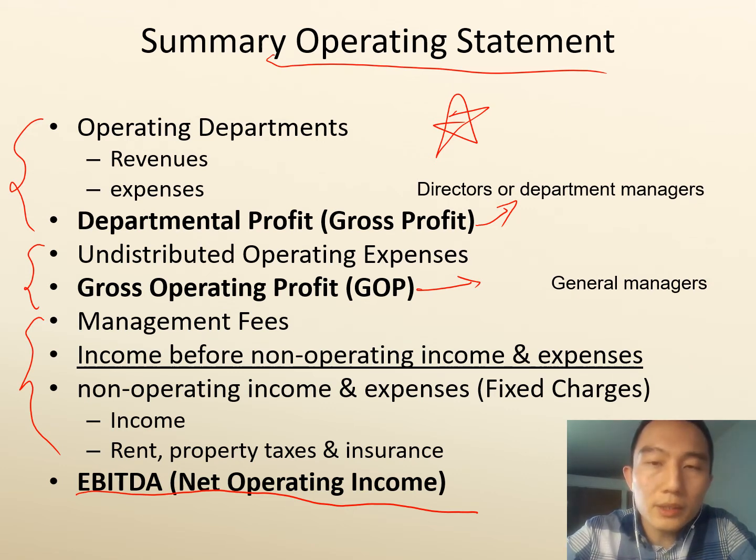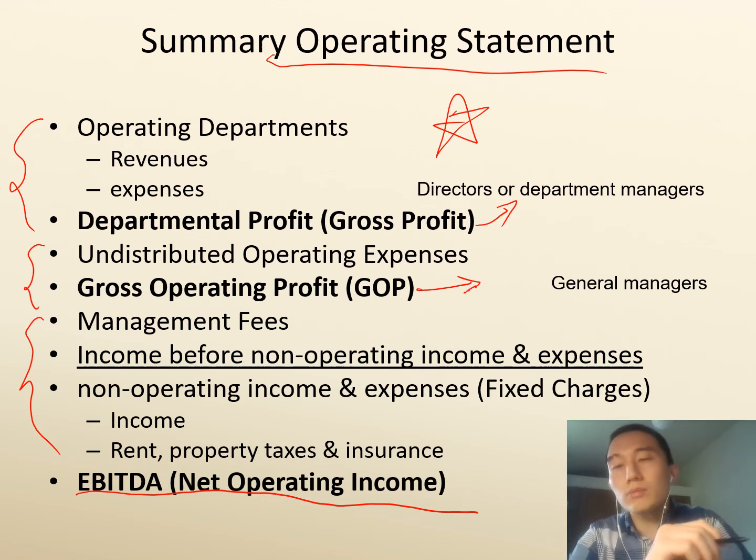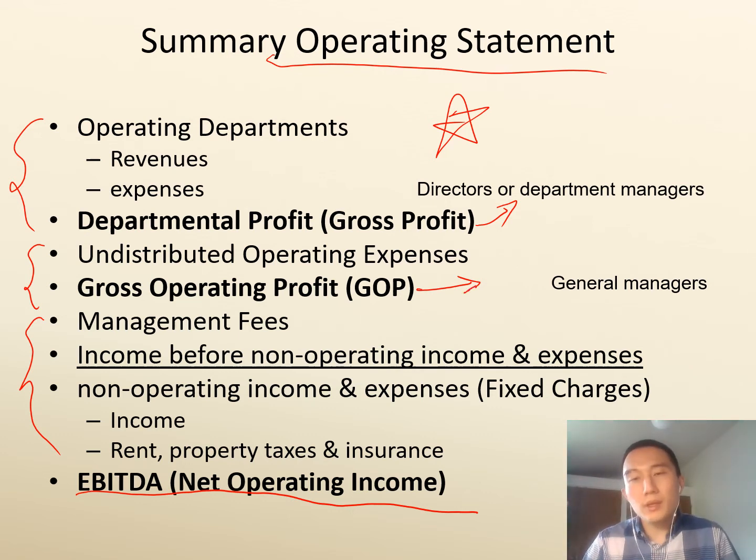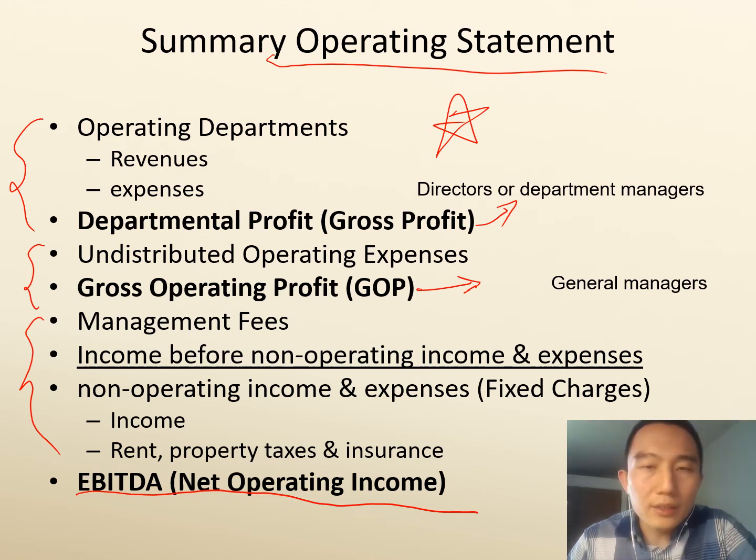The GOP is very useful for general managers, because it reflects the hotel's performance at the hotel level. After we get the gross operating profit, we need to make some adjustments to get a more accurate net operating income.